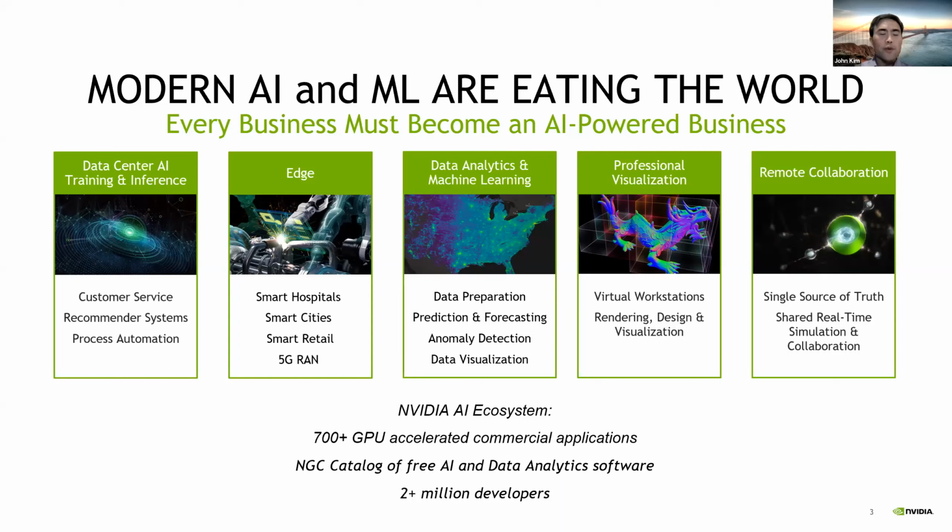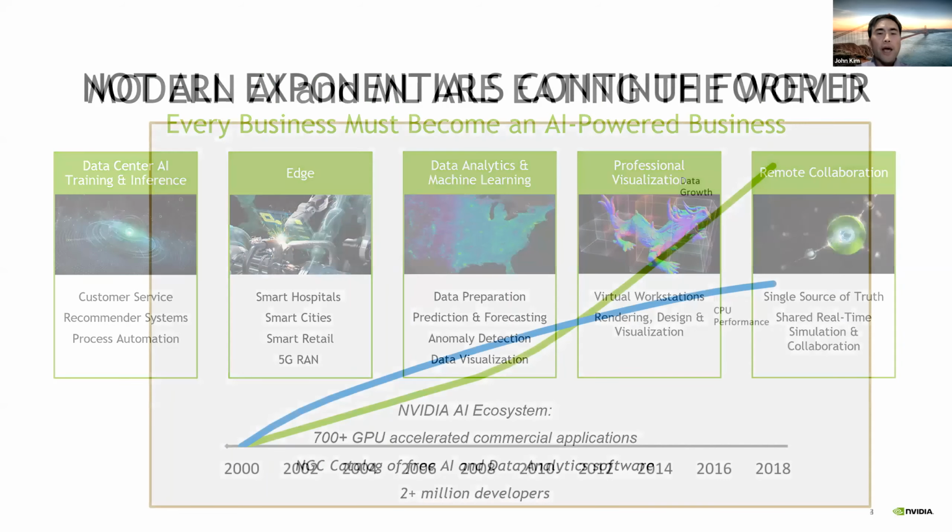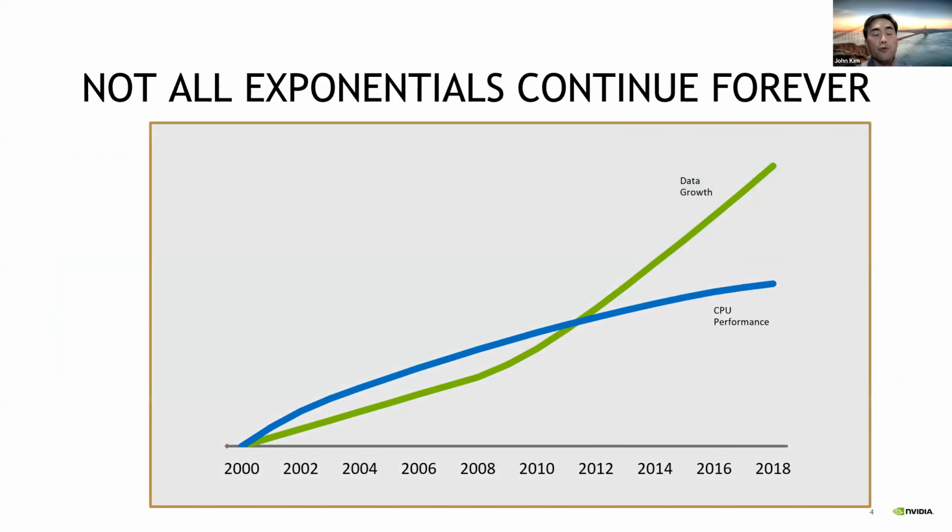But the models for these applications are very complex, and they use a lot of that data we talked about. The models are also getting more sophisticated and require more computing power. The challenge is that the exponential growth of data and the growth of the complexity of these AI and ML models is faster than the growth in the power of CPUs.